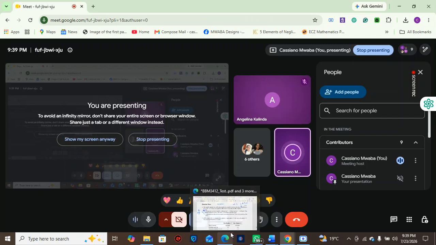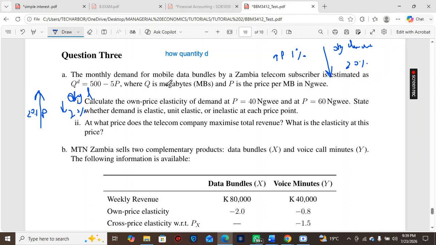All right, colleagues, what we're calculating is the own price elasticity of demand.